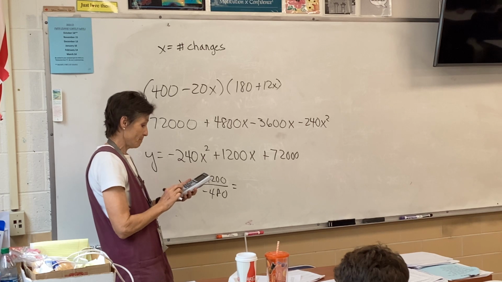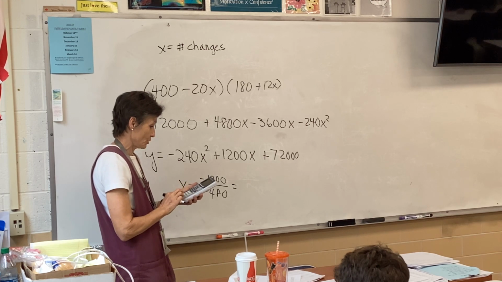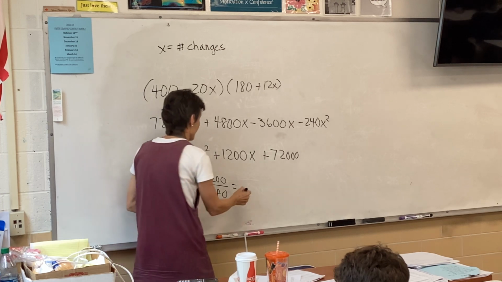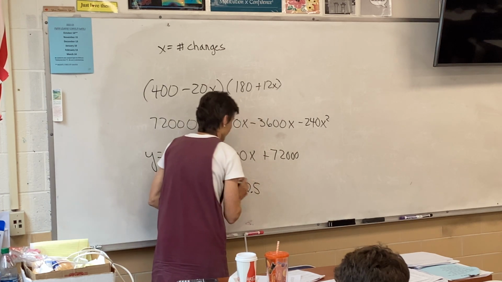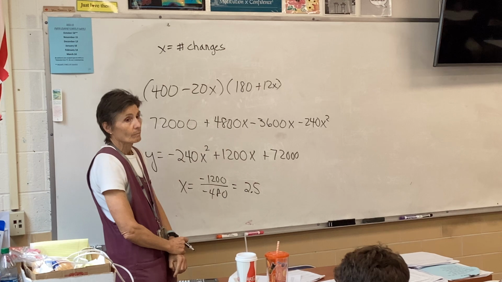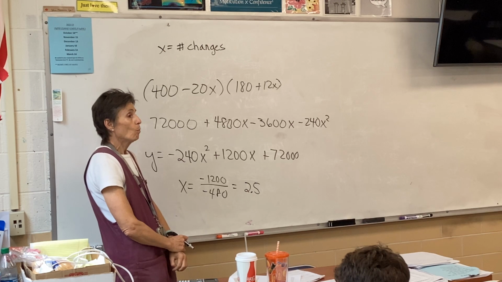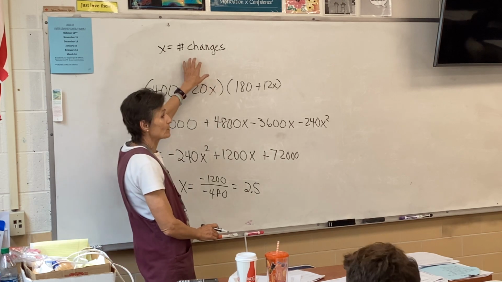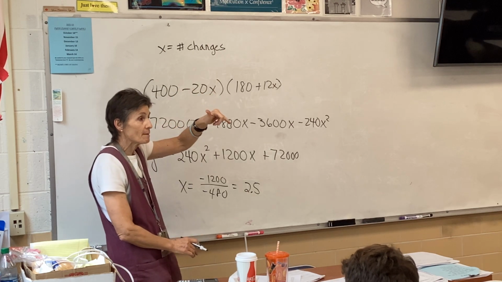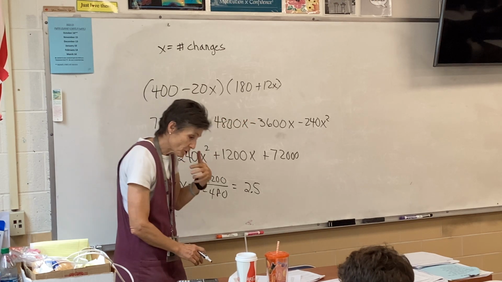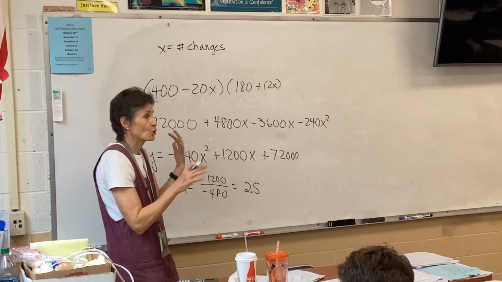So negative b over 2a, did you get 2.5? I keep getting a line. I got 2.5. So, what does that 2.5 represent? The number of times I make a change? The question says something about serves.